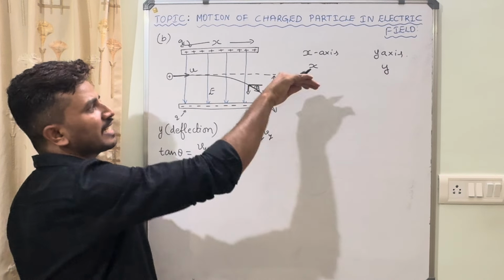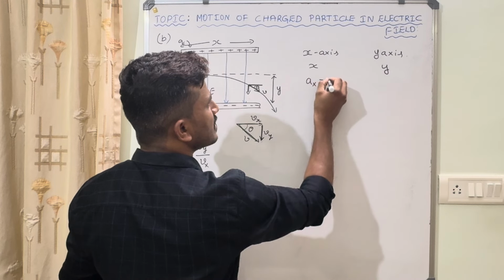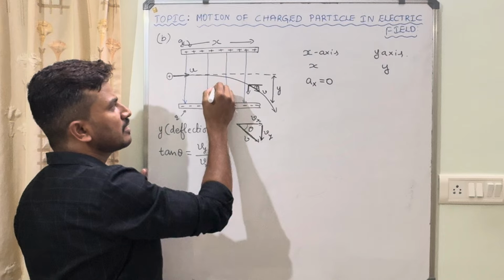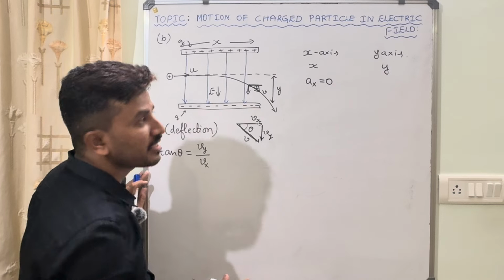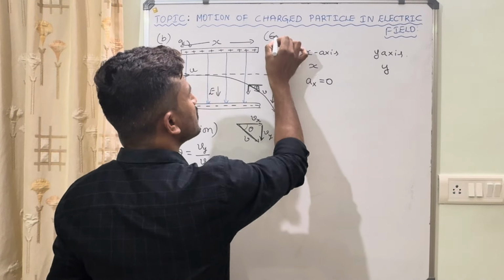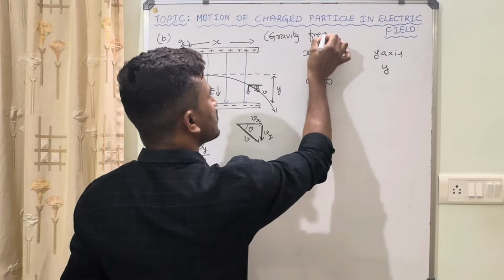Next, what is the acceleration along the x-axis? There is no force acting at all along the x-axis, so acceleration along the x-axis is 0. Only the force acting along the y-axis is electric. And here we are learning this in the absence of gravity, in gravity free space.